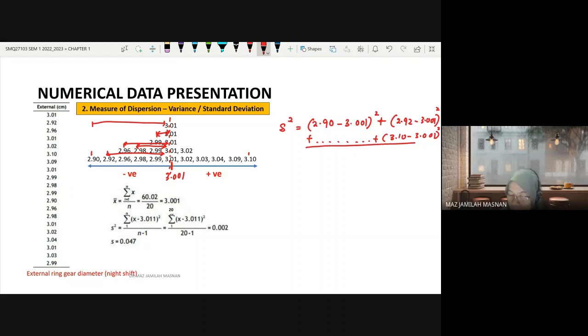And all this will be divided by n minus 1. So that's how we measure.